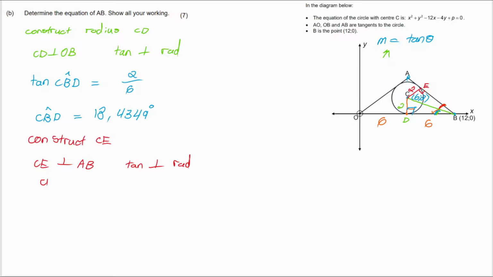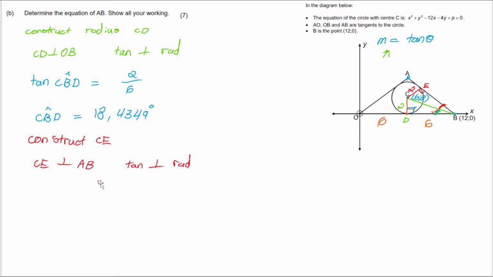And I know that CE is equal to 2 units because it's a radius. I don't think I really need to state this. Let me just check with the memo. Yeah, the memo actually does this very differently. So let's not even worry about that, to be honest. The memo used similarity. I might go over what the memo did in a second.